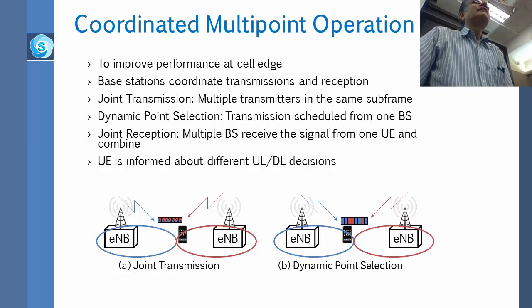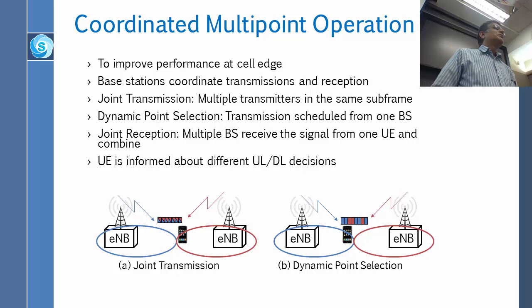In the joint transmission, if the two BS can transmit the same data to the UE, they should get the same data from the backhaul. Yeah, that happens too. The thing is, because they all have a connection in the backhaul to some MSC, main switching center or something, right?